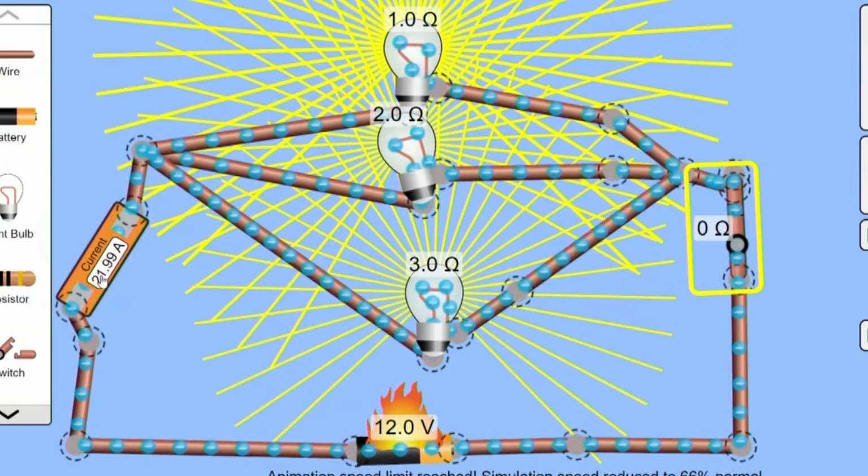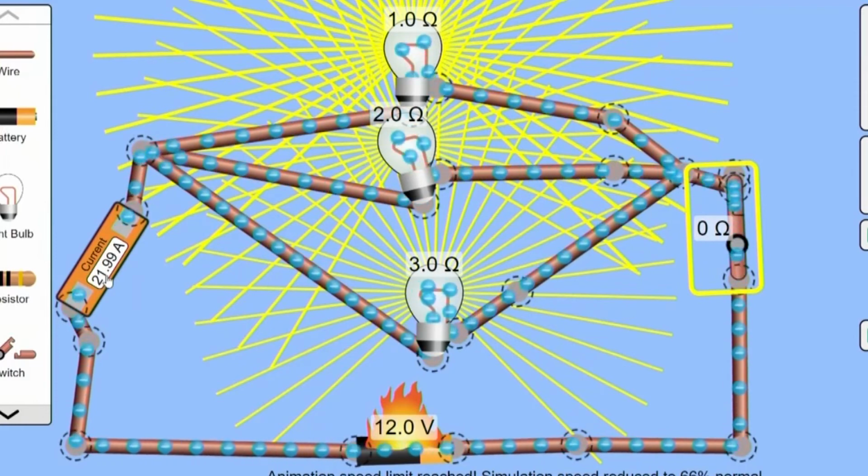The other thing that we need to verify is the potential difference at the ends of each resistor. So how do we measure the potential difference? Yes, children, you are right. By using a voltmeter, we will measure the potential difference across the 1 ohm resistor, 2 ohm resistor, and as well as the 3 ohm resistor.